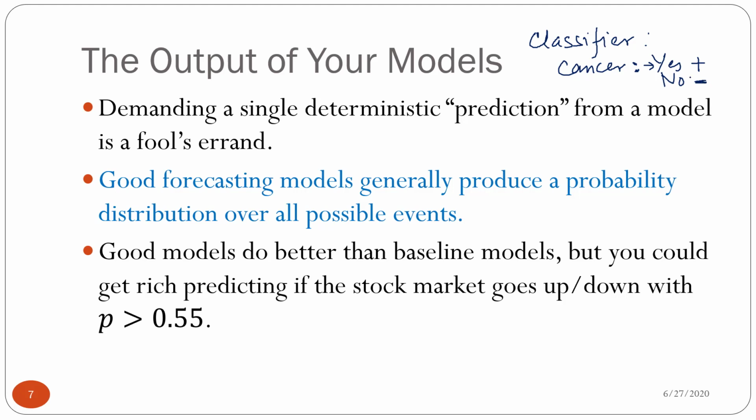So what Nate Silver says is that we should attempt to always answer on the basis of probability, right? Our model should not give the result that for this data x1, yes, that means this person has cancer, or for x2, when you say f of x1, which is your model, the model will say yes or no. Yes means this person has cancer, and no means this person does not have cancer, right?